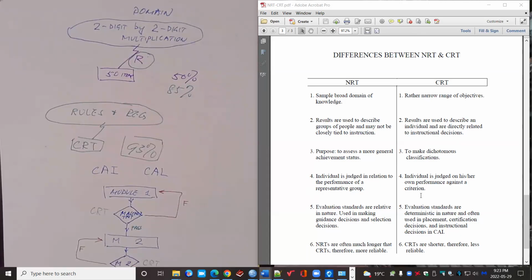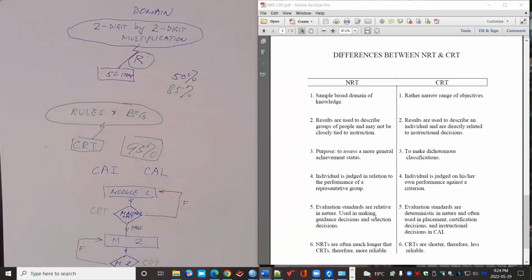Okay, with CRT, an individual is judged on his or her own performance against a criterion. So the criterion here is knowing 2-digit by 2-digit multiplications. Okay, the driver's license has rules, regulations, and the road signs. Okay, that type of thing. So it's your own performance against a criterion.